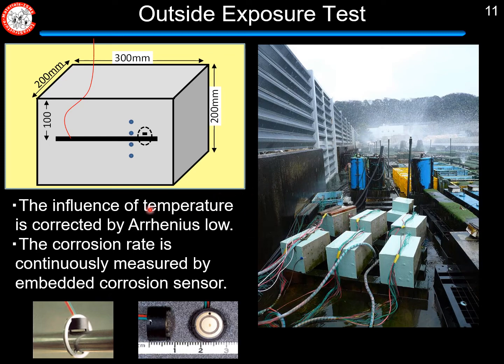Outside, the resistivity is also influenced by temperature, so the influence of temperature is corrected by Arrhenius law. And the corrosion rate is continuously measured by the embedded corrosion sensor like this.